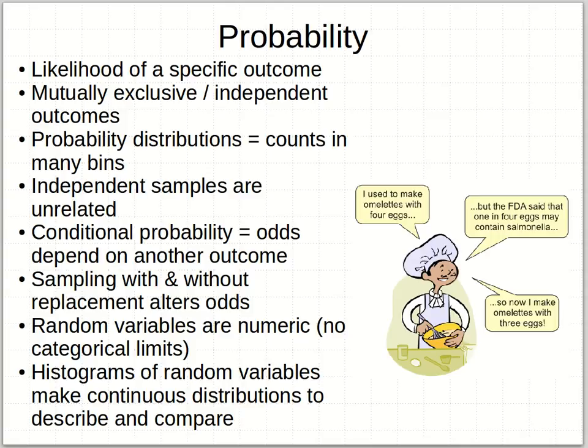Okay, so hopefully you're beyond what our chef is saying here, where he figured out that if he makes an omelet with 3 eggs, he avoids giving people salmonella. I hope you all understand that probabilities are not quite that silly, and they're going to be important to a lot of our statistics.